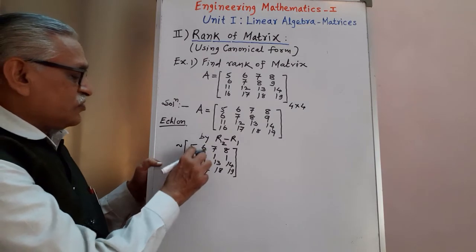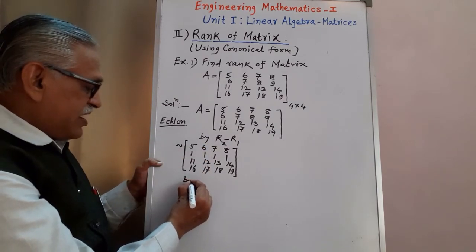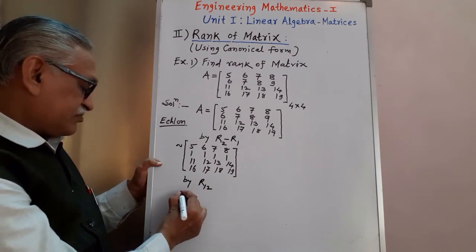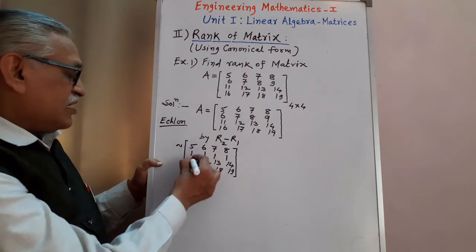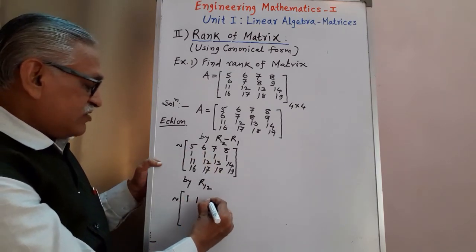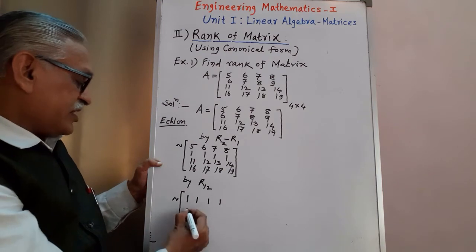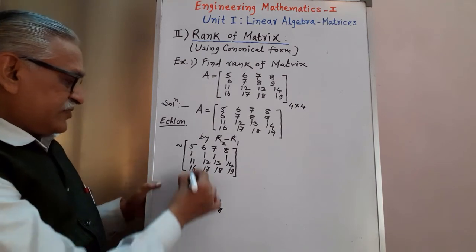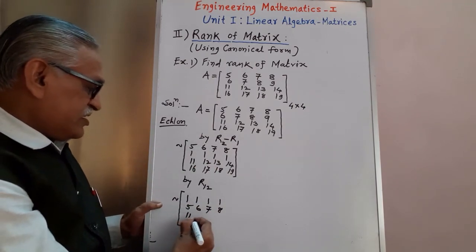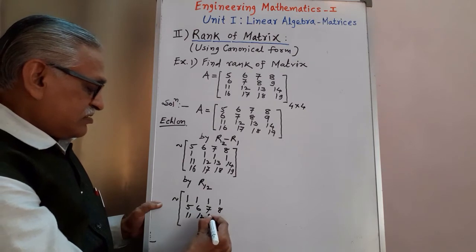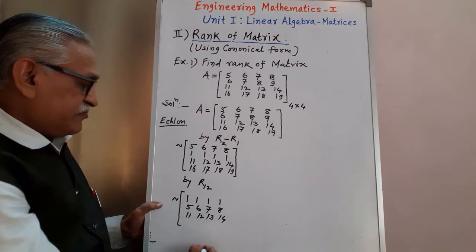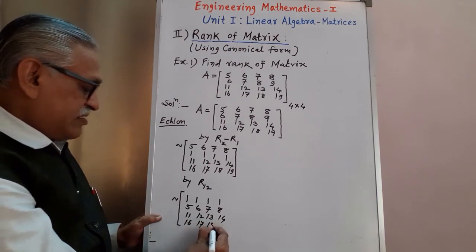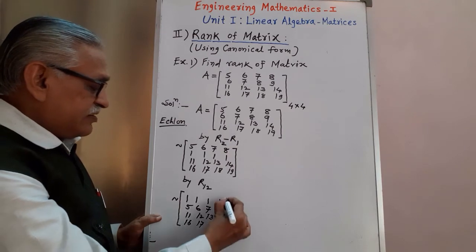Then we interchange these 2 rows, therefore by R12 we get first row 1, 1, 1, 1, second row 5, 6, 7, 8, third and fourth no change, 11, 12, 13, 14, 16, 17, 18 and 19.